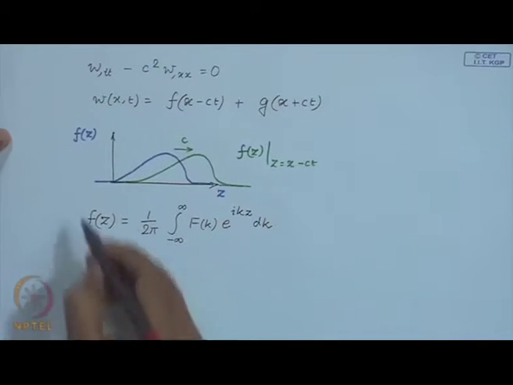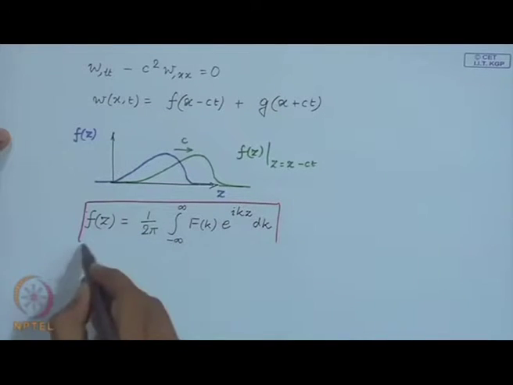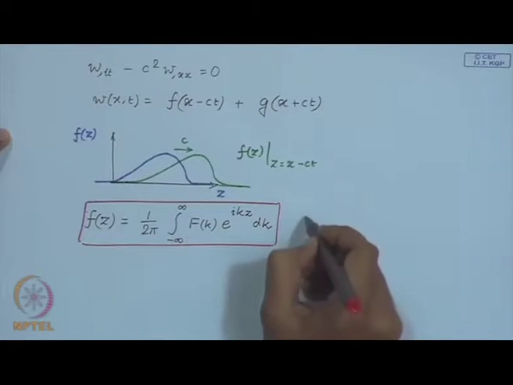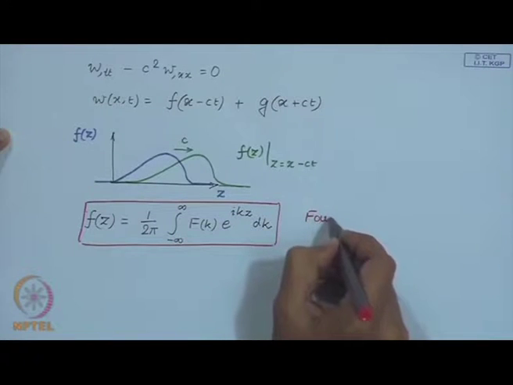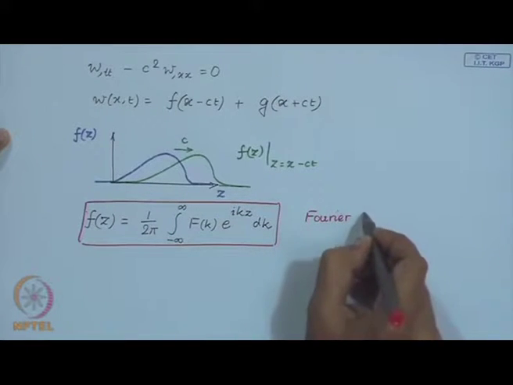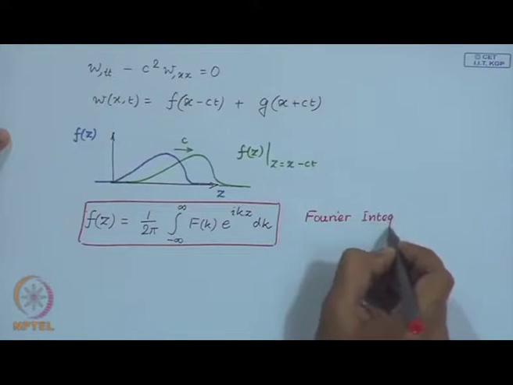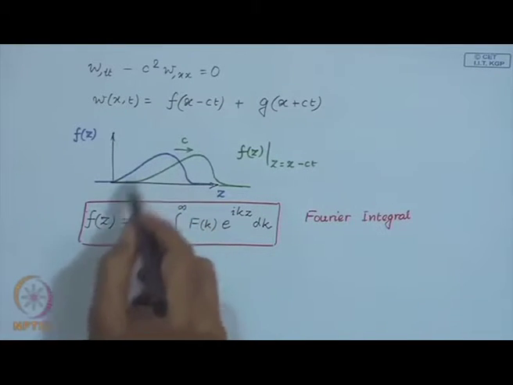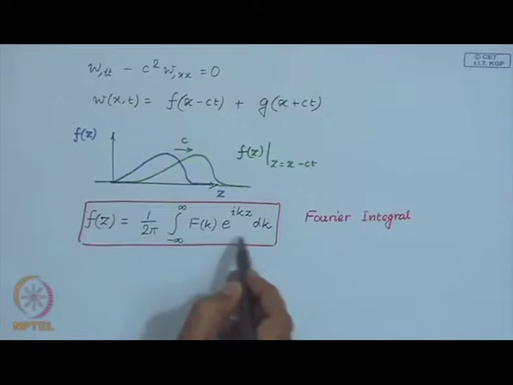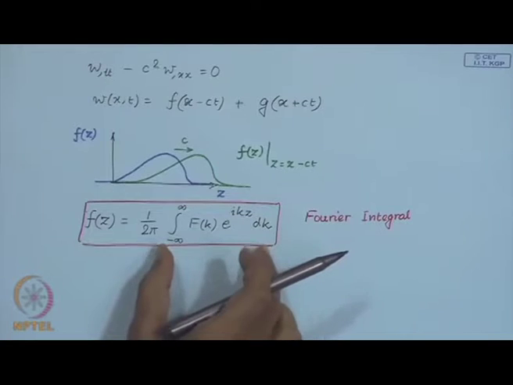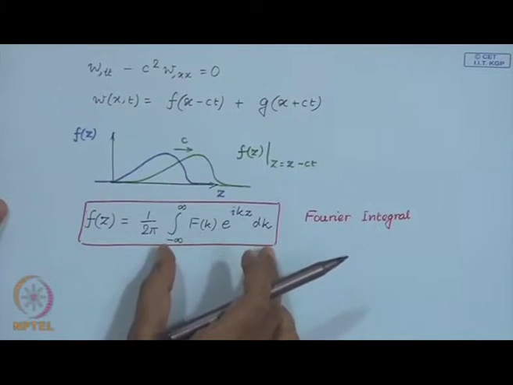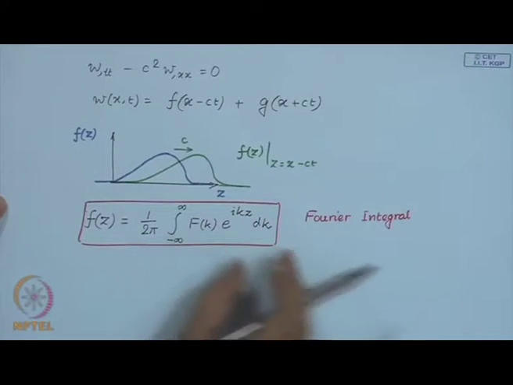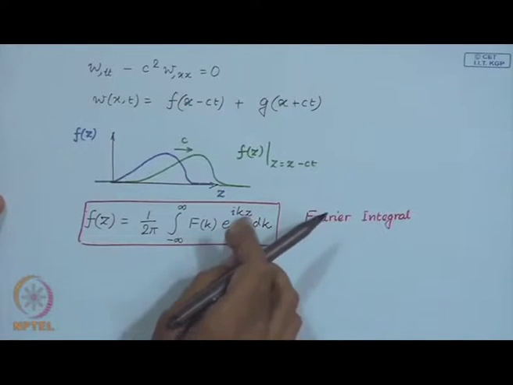So, this we call the Fourier integral. A pulse like this may be represented, and you can interpret this integral as a superposition of harmonic pulses.